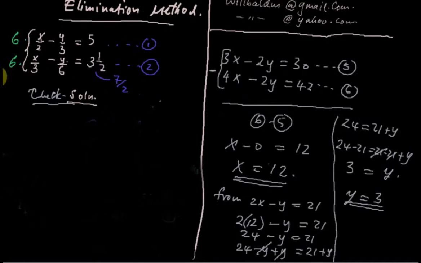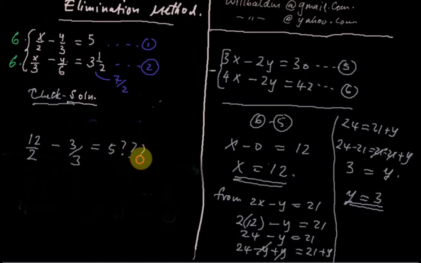What do you have? You have x equal to 12 and y equal to 3. So put here x is 12 over 2 minus 3 over 3. Is it equal to 5?